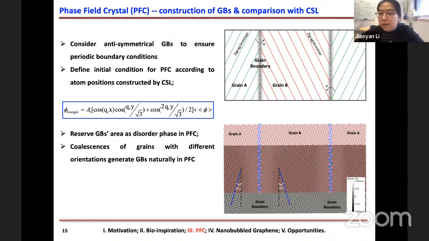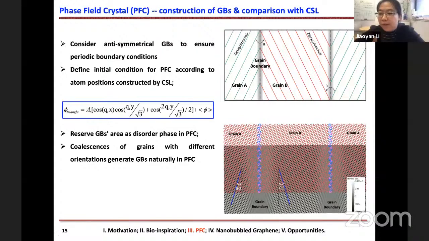In order to make the comparison rigorous, we first consider an anti-symmetric grain boundary to ensure the periodic boundary condition can be applied appropriately, and then we define the initial condition for the phase field crystal according to the atomic positions constructed by CSL.